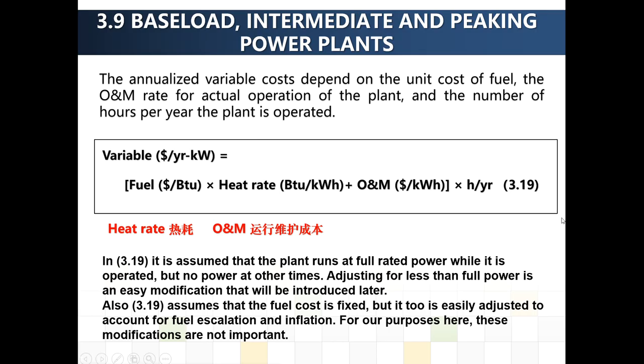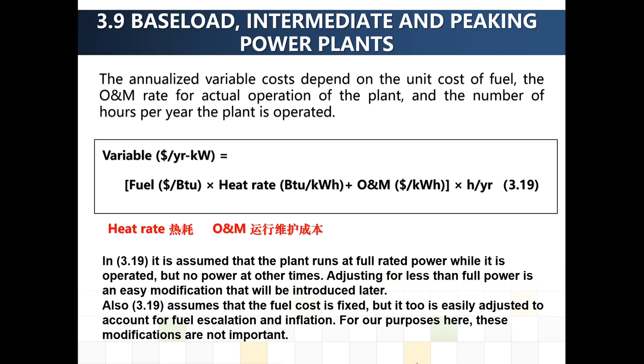Equation 3.19 shows the variable cost is equal to the fuel cost per BTU multiplied by the heat rate, to convert the fuel cost into terms of per kilowatt hour, plus the operation and maintenance cost per kilowatt hour, and then the sum of this is multiplied by the number of hours per year that the plant is operated.